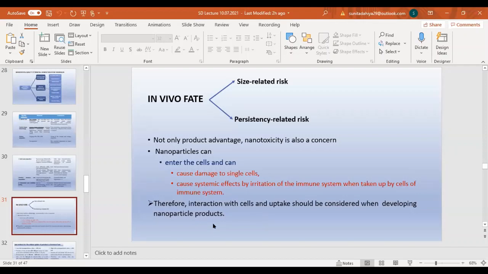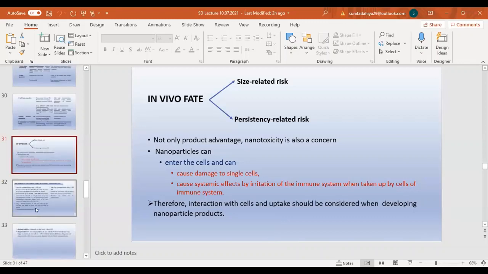If they enter the cell, they can even damage a single cell or cause systemic damage. They can irritate the immune system when they are taken up by cells of the immune system. And if this happens, there will be systemic side effects, right? So it is important to study the interaction of nanocrystals with the cells and how they can be taken up by the cells when you develop nanoparticles. That's why we say that the size related risk must be known.